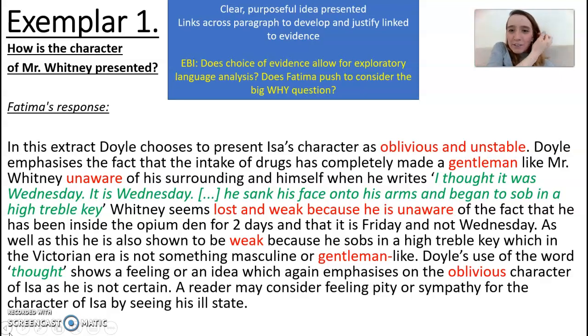So we can notice that there aren't any methods explicitly identified. She says the word, ideally that would be verb choice. But I think there's not that much that you can say about the word thought, right? You can't really go anywhere with it. And although she picks out the high treble key, I don't think that in itself is really fully explored. So I think that choice of evidence is really important.